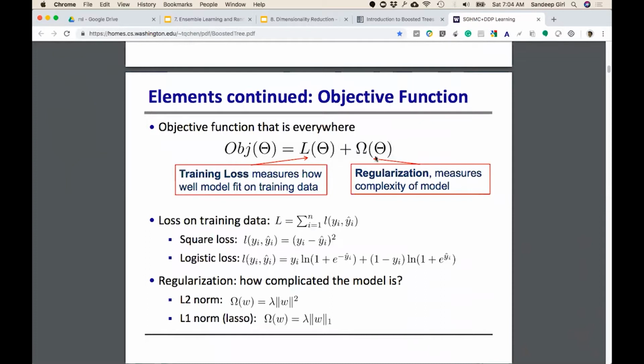That's the fine balance. As we add more leaves, the model starts to overfit. While the loss coming down is good news, the regularization going up is bad news when we add a new leaf.